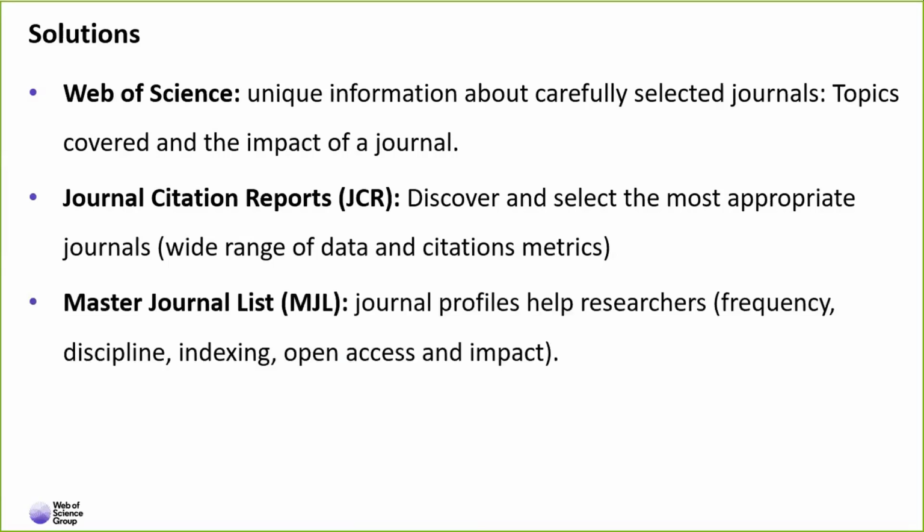Master Journal List is always a good start, to make sure that the journal is indexed and went through our selection process with a focus on peer review and many other aspects. So you have the frequency of publication, the discipline, the indexing in the Web of Science, but also in other databases, the open access and the impact.